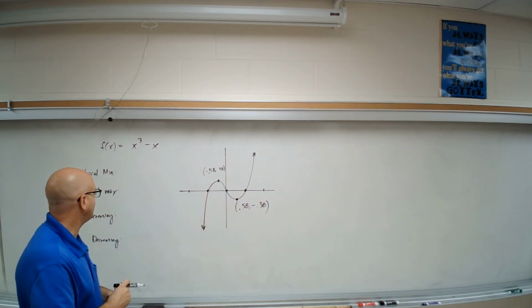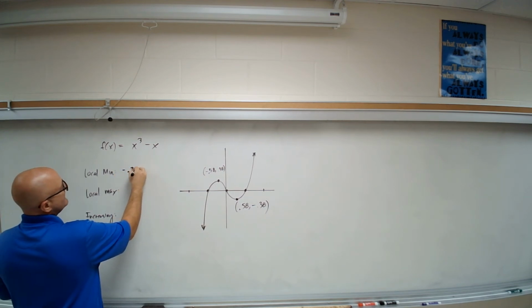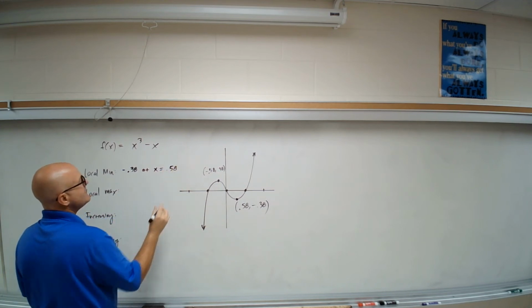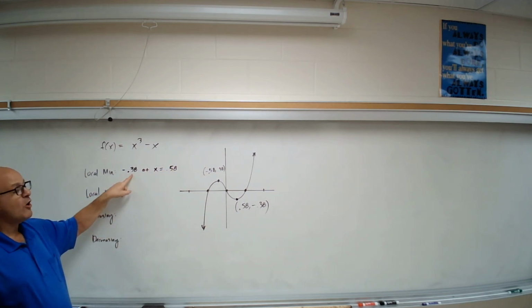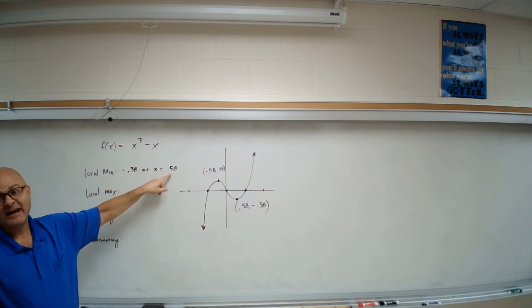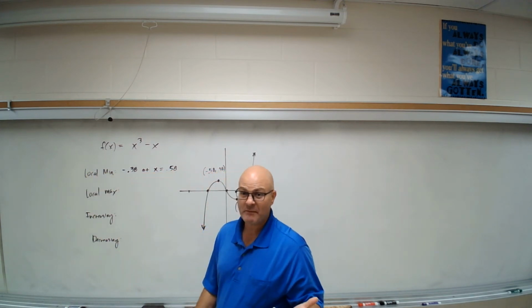One way that you'll see this written is -0.38 at x equals 0.58. But almost always, once you give that value, they're going to ask where it's at. So what I would recommend is whenever you list a minimum or a maximum, I would just list an ordered pair.